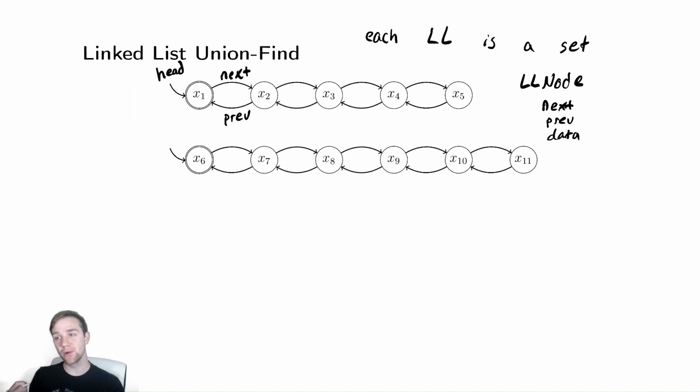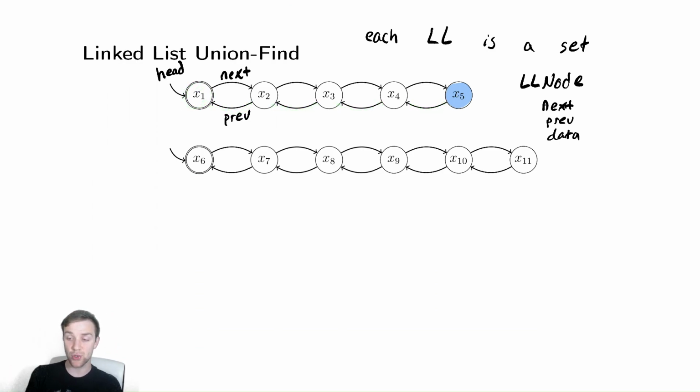And if you're familiar with linked lists, you'll know we can make this much more efficient in a particular way, because if I wanted, from x5, to determine what is the set that it is in, the most obvious way would be to just go to the head of the list. So I need to follow this bottom edge, then this bottom edge, then this bottom edge, then this bottom edge, all the way to x1. And that seems like it could be really inefficient.